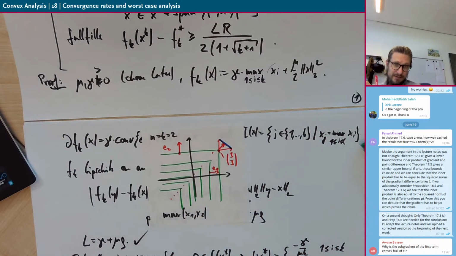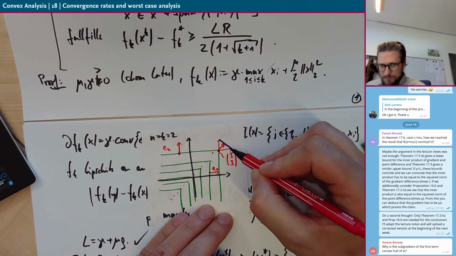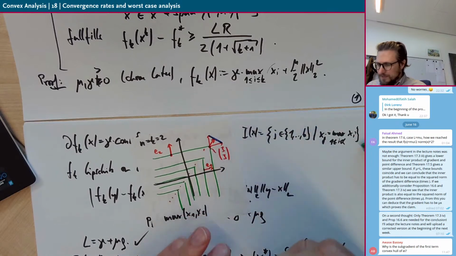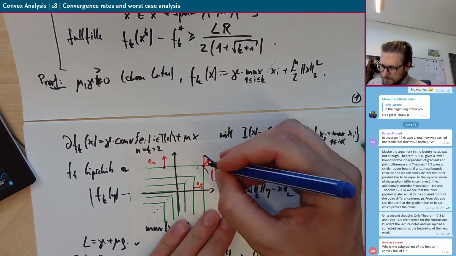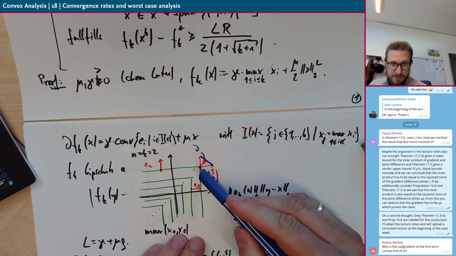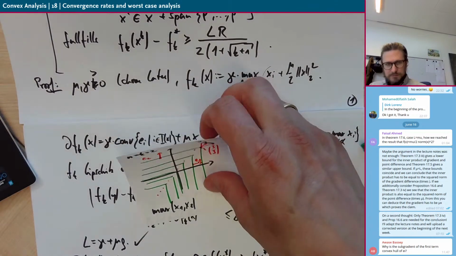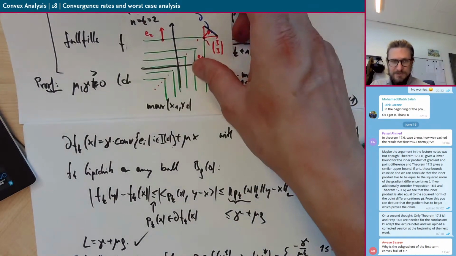That's the subgradient in this case. So this is e2, this is e1, and this is the convex hull formed by these two vectors, the blue line. That's the subgradient of this function at this particular point. Okay, good. I hope this helped a little.